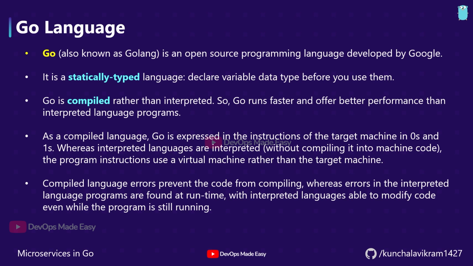So this is the difference between compiled language and the interpreter based languages, and Go is a compiled one. Also, compiled languages generally prevent errors during the compilation stage itself, but in case of interpreter based languages, these errors will be detected at the runtime.